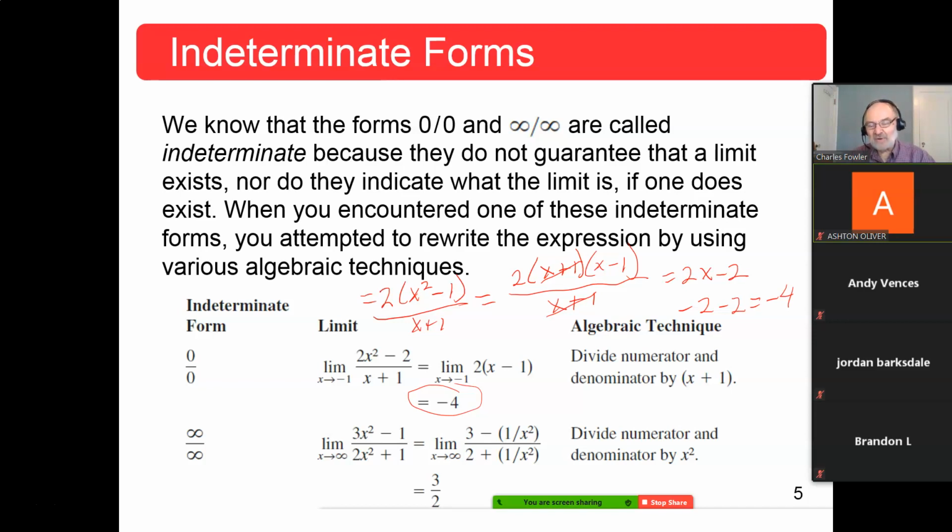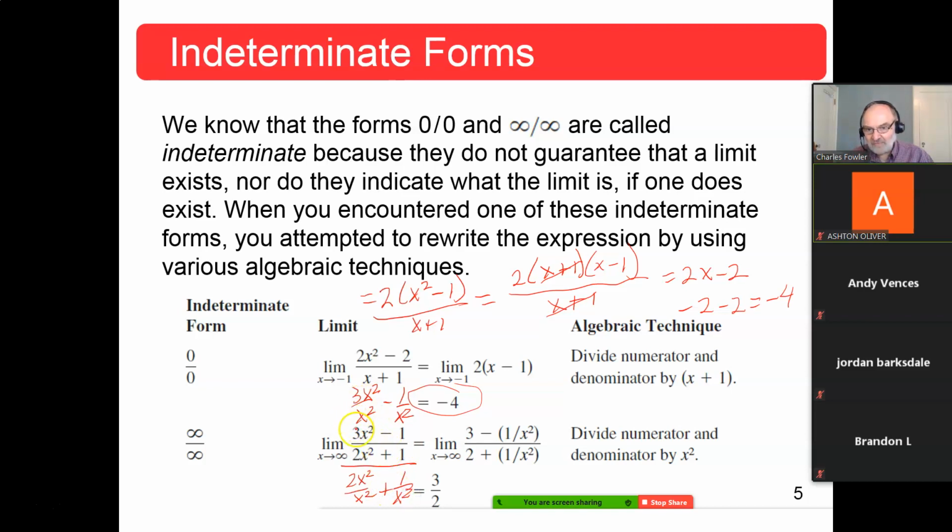But we don't know. Infinity over infinity doesn't tell us much. But here's what we do. Divide everything in numerator and denominator by the maximum power of x, 1 over x squared. So this would be 3x squared over x squared minus 1 over x squared, over 2x squared over x squared plus 1 over x squared.